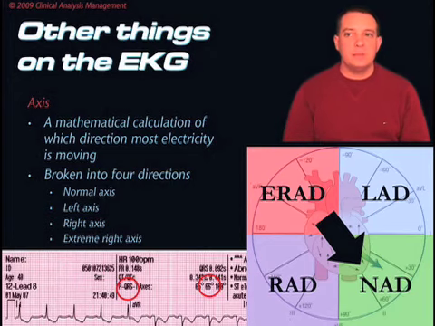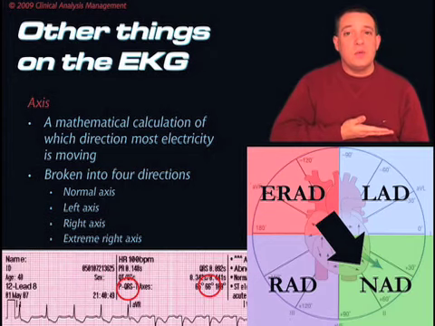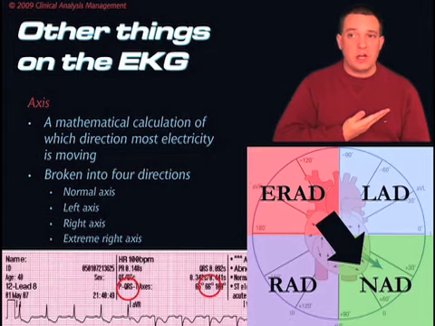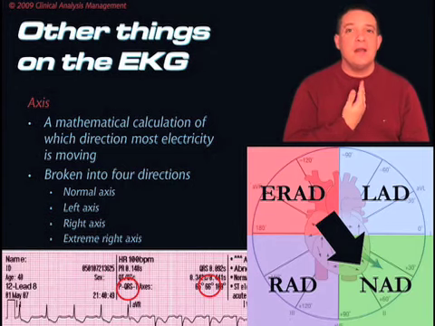We still consider that to be normal. So really, we could say normal is anywhere from 90 to 0 degrees and anywhere from 0 to -30 degrees. That's all normal. However, if the axis is anywhere between -30 and -90, then that is pathologic left axis deviation, and that is not normal.